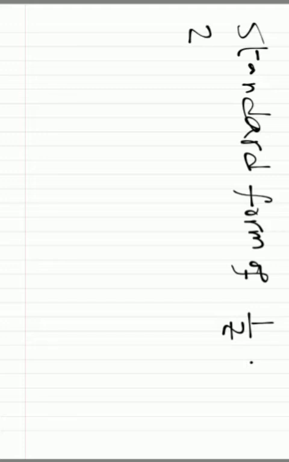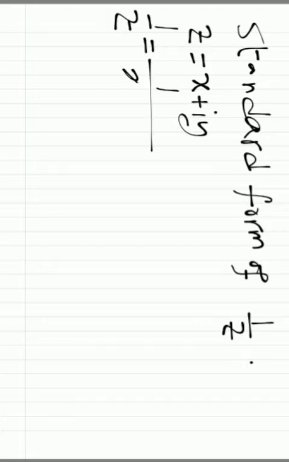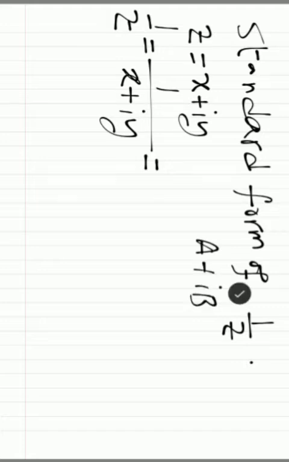So if z is x plus iy, then we can write 1 by z as 1 by x plus iy. Now see, since we have to convert it into a standard form, that is the form a plus ib, there should not be any imaginary number in the denominator.